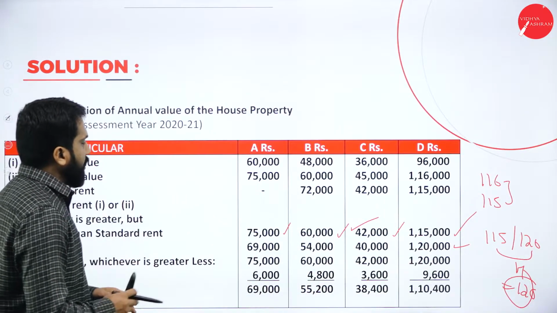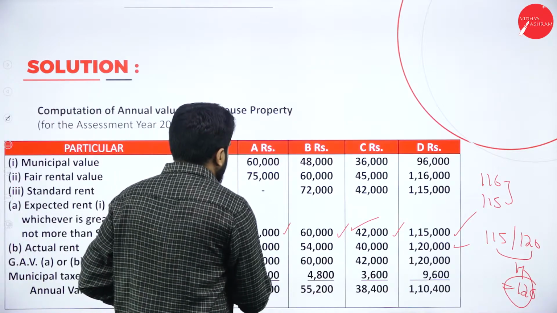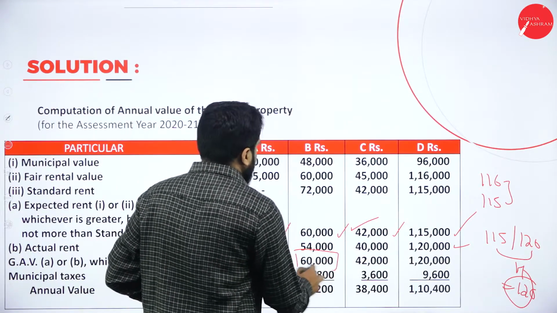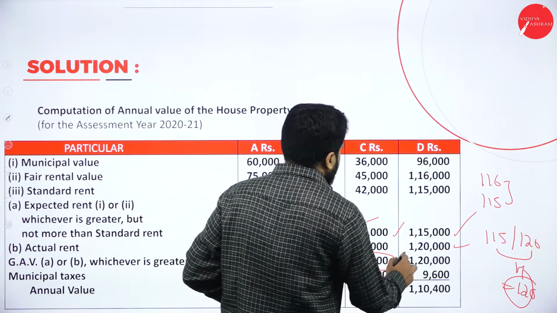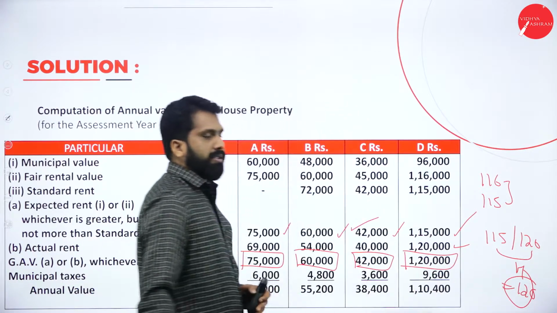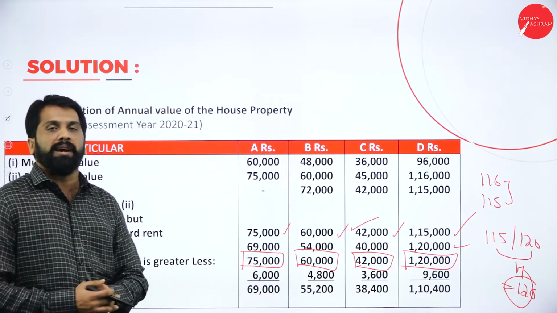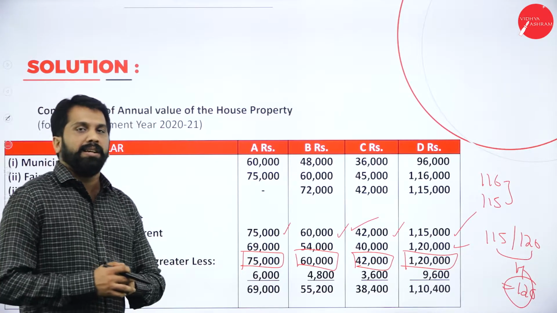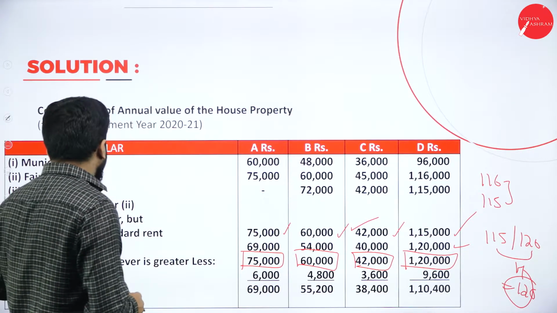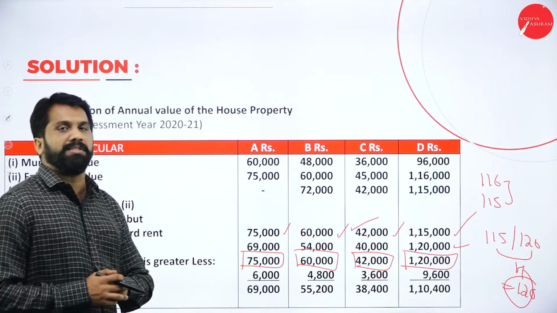Similarly, calculate, you got the final answers of 75,000, 60,000, 42,000 and 1,20,000. From this, which one do you have to deduct? You are supposed to deduct your municipal tax. What is your municipal tax?